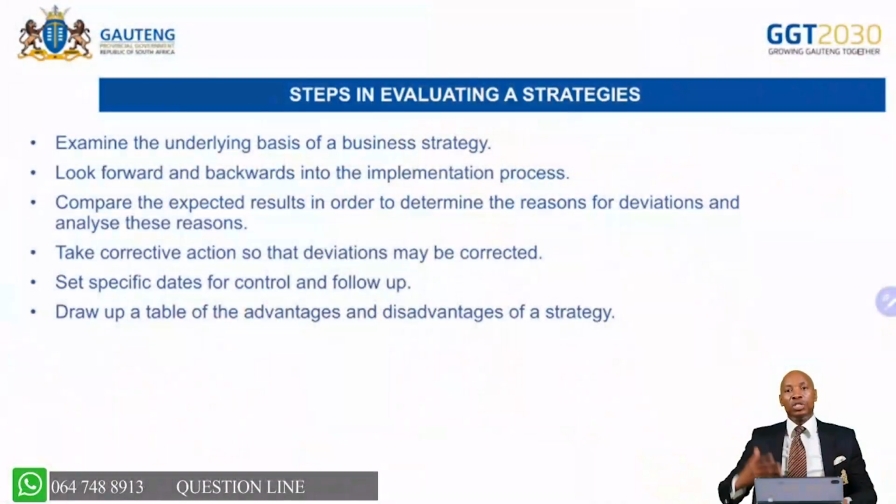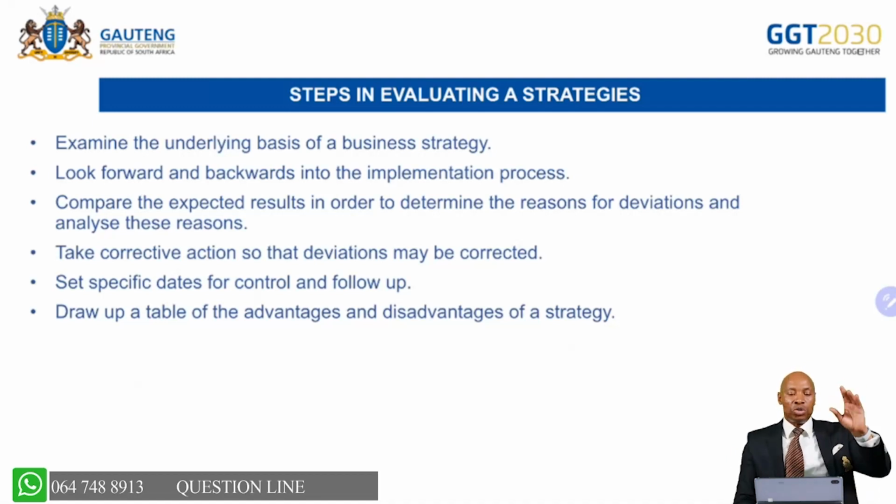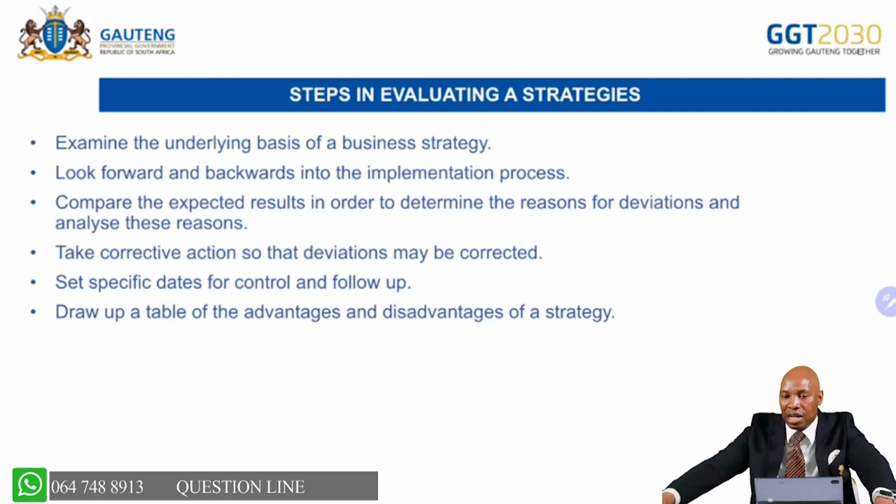Now, you also need to draw up a table for your advantage and disadvantage. We said our strategy is diversification. Now we need to come up with a table for advantage and disadvantage to compare. Is this strategy giving us more advantage as compared to disadvantages, or are the disadvantages more than the advantages?